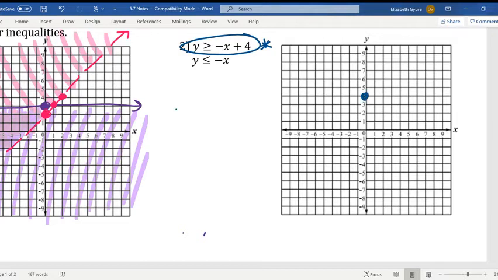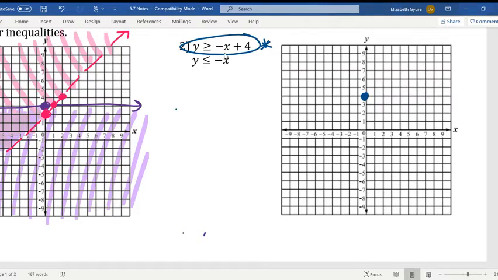Good. And then somebody else, what do you think our slope's going to be? I see this little negative in front of the x. What's that mean? So this part has to do with your slope. Remember, your slope is whatever number's in front of x.